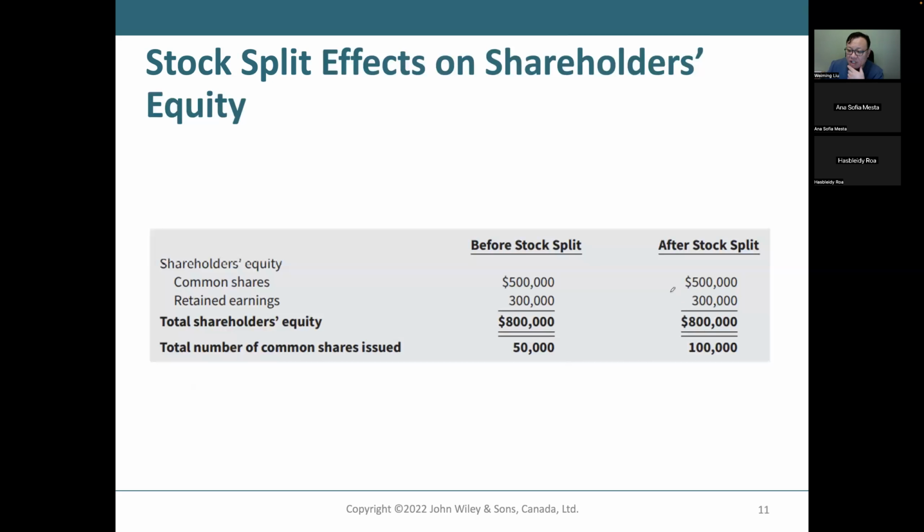But it's not going to change the common shares because I didn't issue any new shares. What I did is split existing shares. And the retained earnings will not change because I didn't give any dividend. So my total shareholder equity doesn't change. The only thing changed is the number of shares available in the market. That is the effect of the stock split.